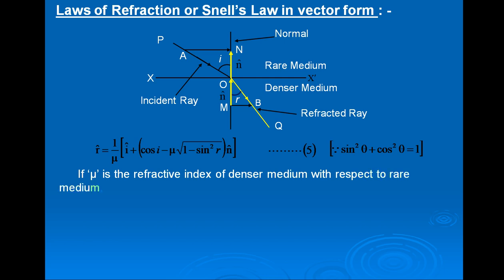If mu is the refractive index of the denser medium with respect to the rarer medium, then sin i upon sin r is equal to mu, which implies mu into sin r is equal to sin i, or sin r is equal to sin i upon mu. So put this value in equation number 5.